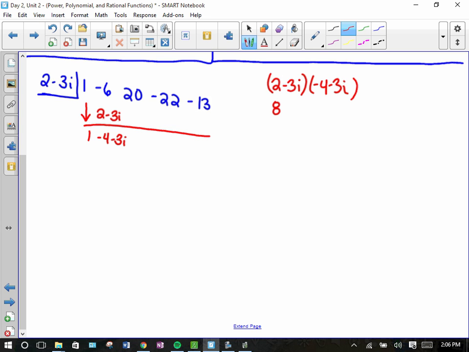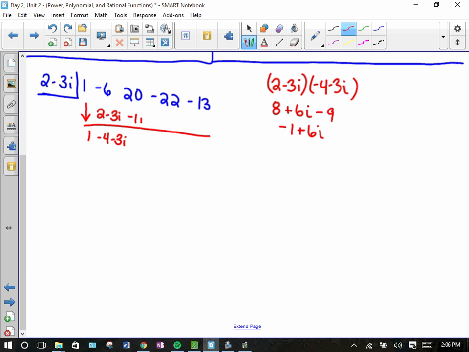Negative 3i times negative 4 is positive 12i. So I have negative 6i plus 12i. That's going to be plus 6i. And I'm going to do negative 3i times negative 3i. Negative 3 times negative 3 is positive 9. i times i is negative 1. 9 times negative 1 is negative 9. So this is equal to negative 8 minus 9, which is negative 17, plus 6i.